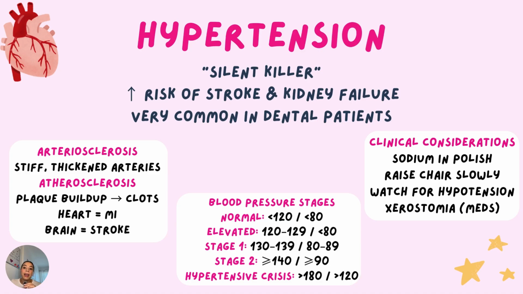Now, this plaque can either cause a heart attack, also known as a myocardial infarction or MI, or a stroke. So, plaque in a clot in the heart is going to be a heart attack or MI, and that plaque in the brain is going to be a stroke.